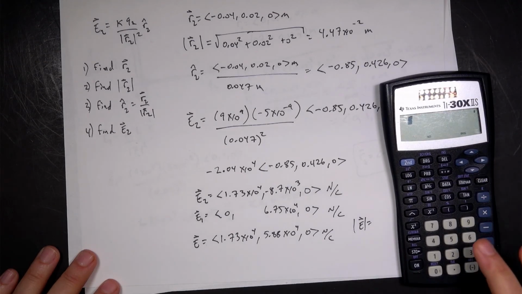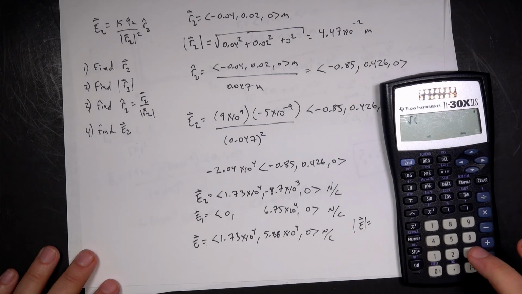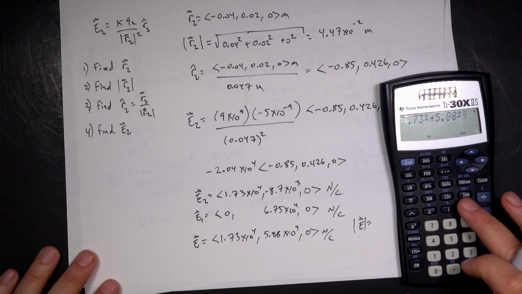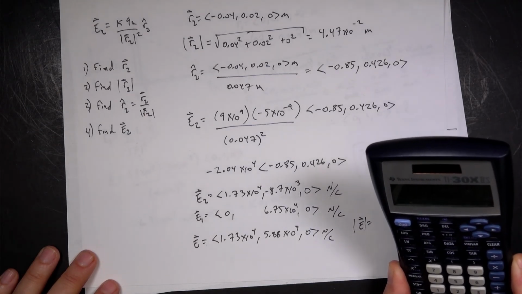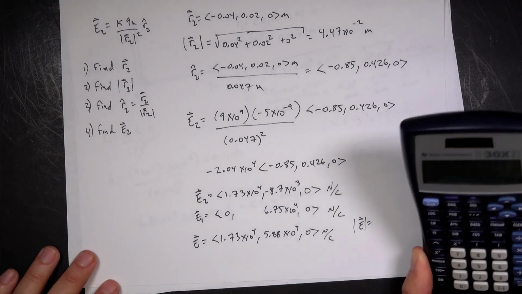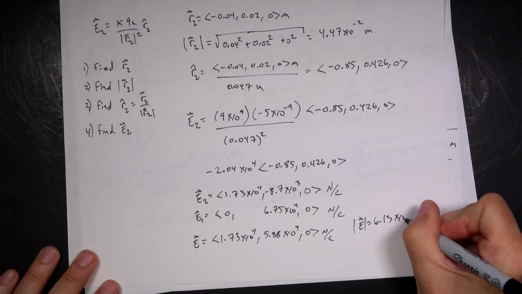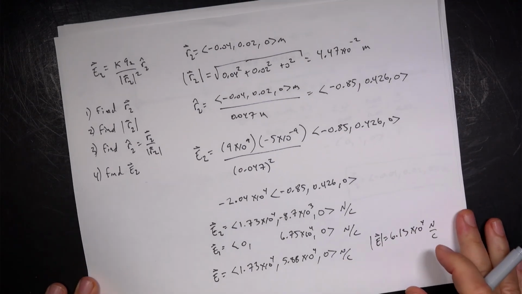So I'm going to say clear, square root, 1.73 squared plus 5.88 squared, close parentheses, enter. And I get 6.13, and then I still have that times 10 to the fourth newtons per coulomb. So that's the total electric field.